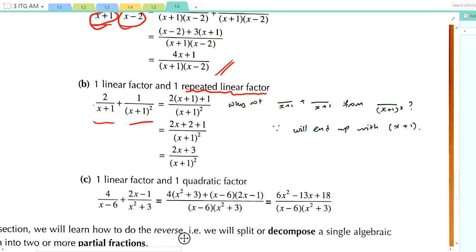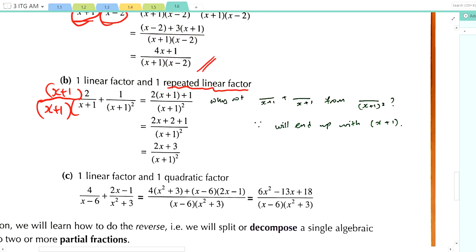And we only need to multiply the fraction on our left with x plus 1. Numerator, x plus 1. So we end up with 2x plus 2 plus 1 divided by x plus 1 squared.